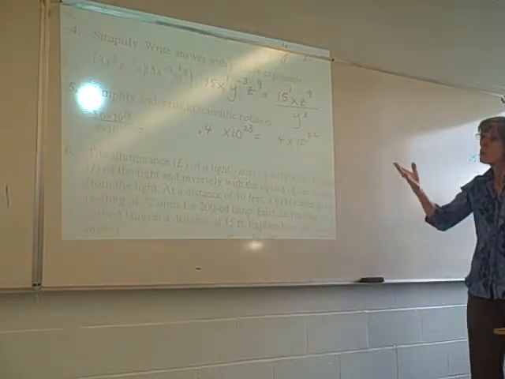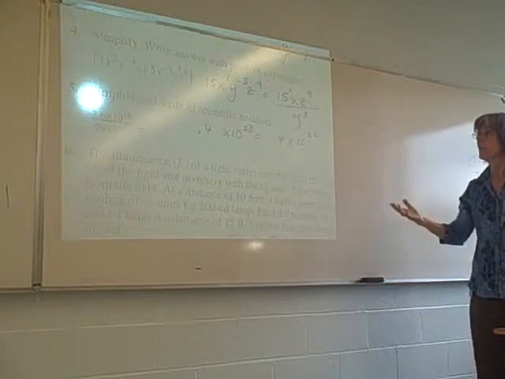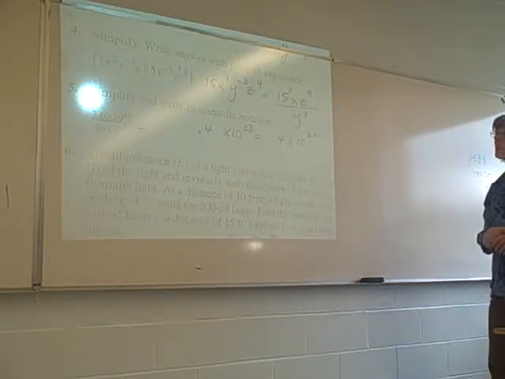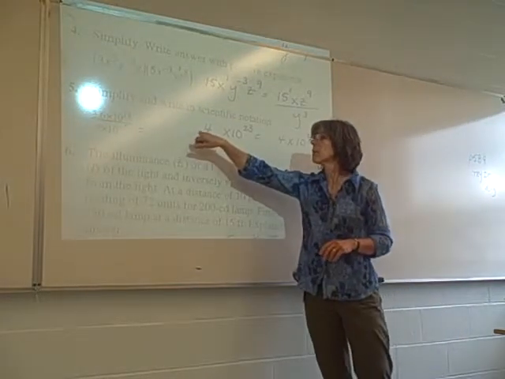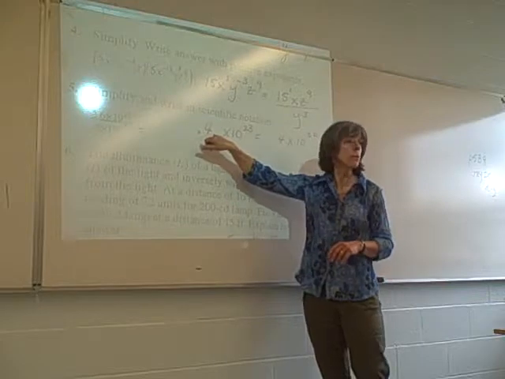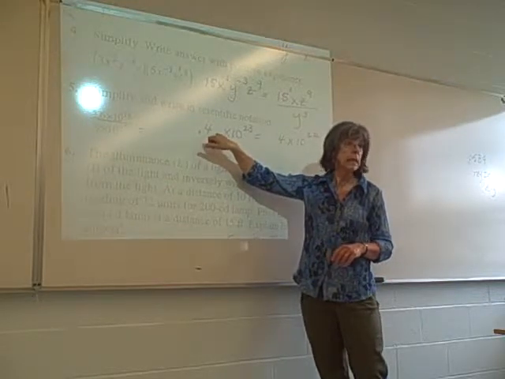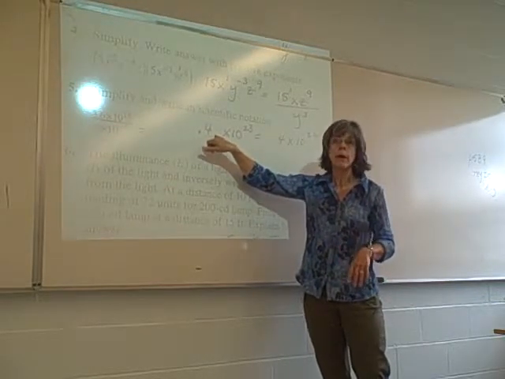And then I'm multiplying, so 3 times 5 is 15. All right, simplify and write in scientific notation. In scientific notation, the decimal can't be in front of the number, it has to be to the right of the first digit. So if you left it like that, I took points off.